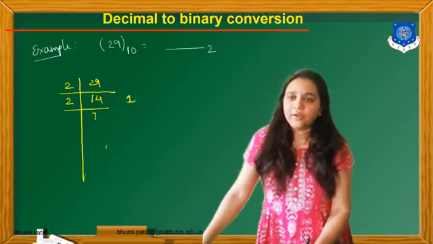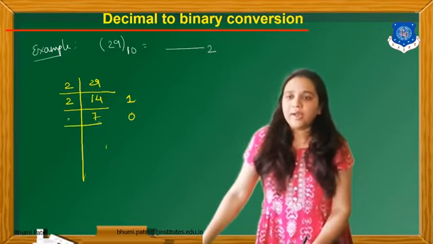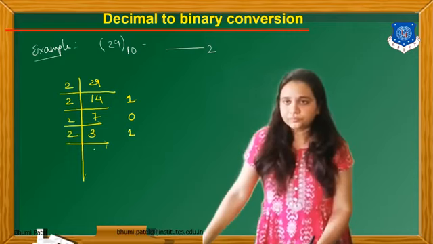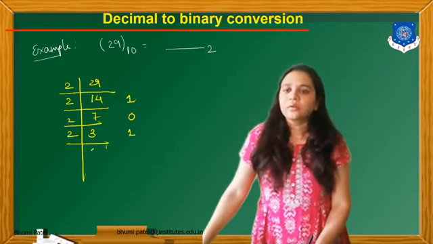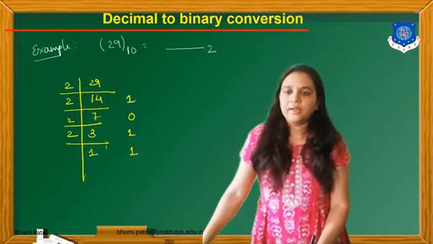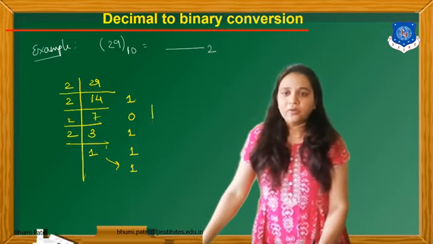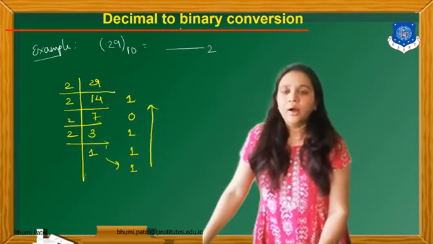Again, 2 sevens are 14, so 0. Again divide by 2, 3, here 1. Again 2, here 1, and we have to write here 1, and the last one is here, and we have to write the answer from bottom to upper layer.